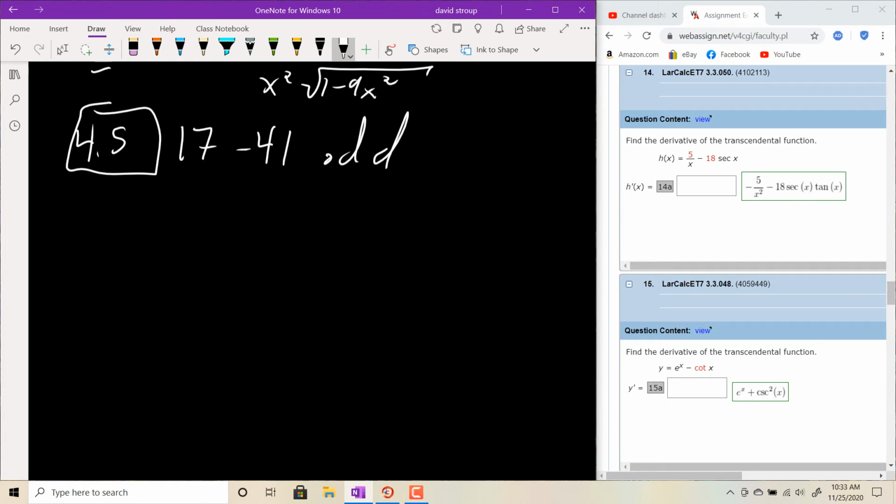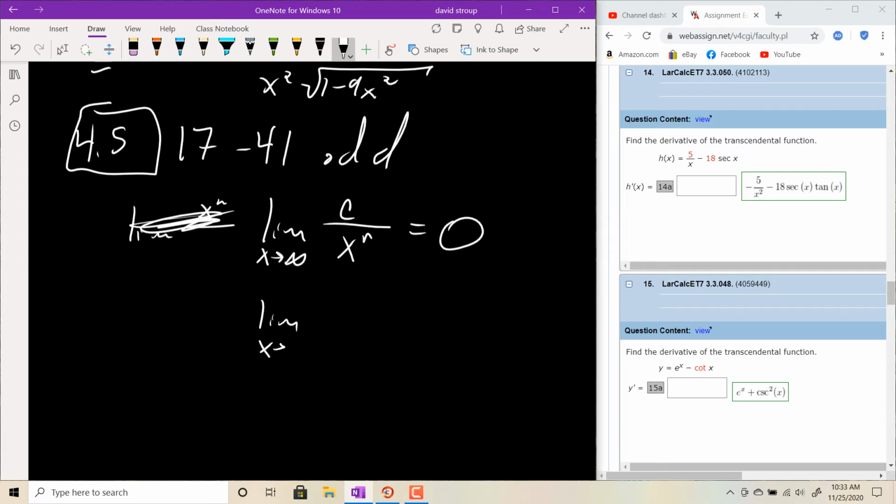But one fact to remember, of course, the limit of some constant all over x to any positive power as x goes to infinity is always going to be 0. Okay, so we kind of use that fact to develop rules of these limits.